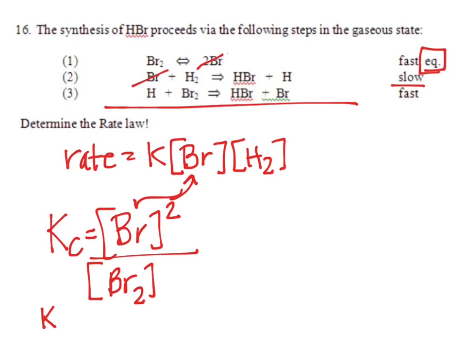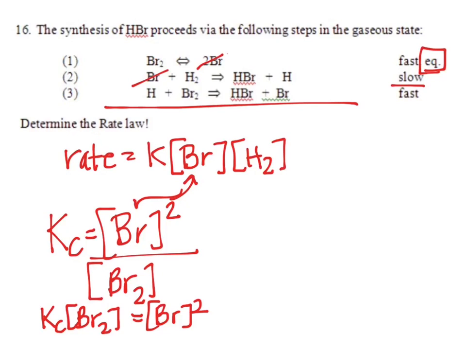So Kc times Br2 is equal to the concentration of Br squared. What about the H2? It's not in the first equation. It's not in my equilibrium, fast equilibrium. So what do I do now? I can't just throw that in there because I don't have a Br squared.